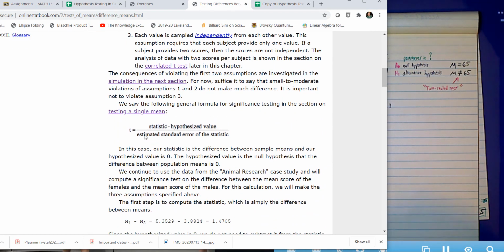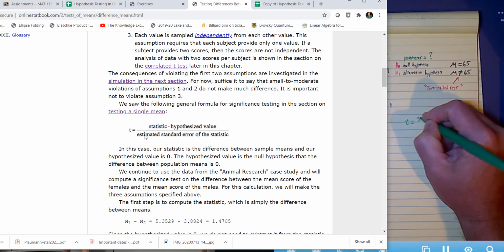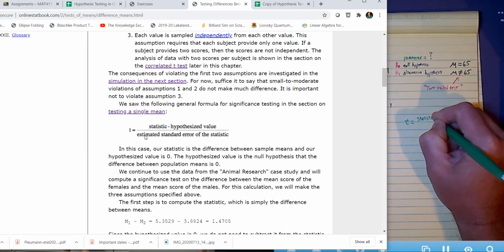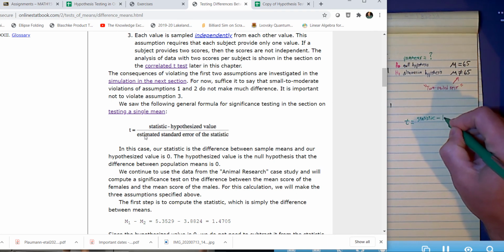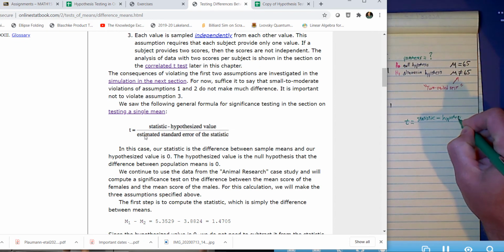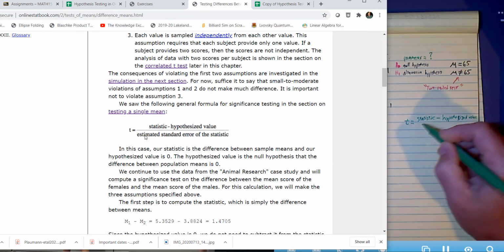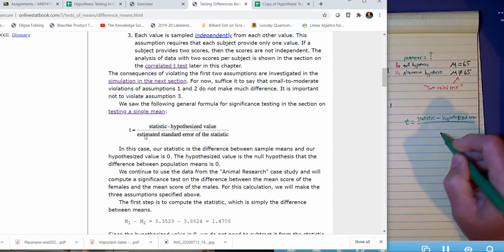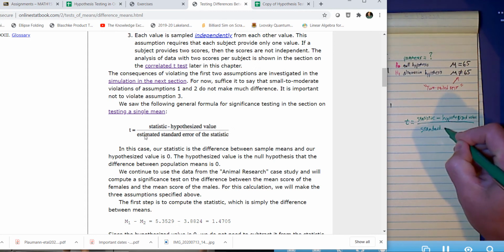T equals statistic, kind of like my X value, minus the hypothesized value, notice that in our case would be mu, over the estimated standard error. So I'm just going to write standard error.